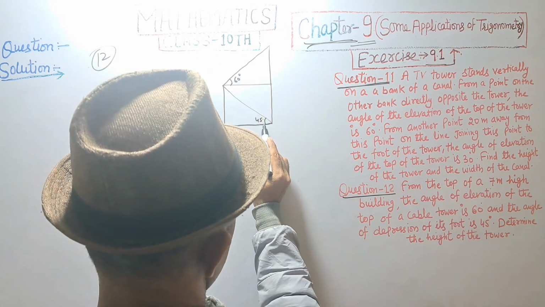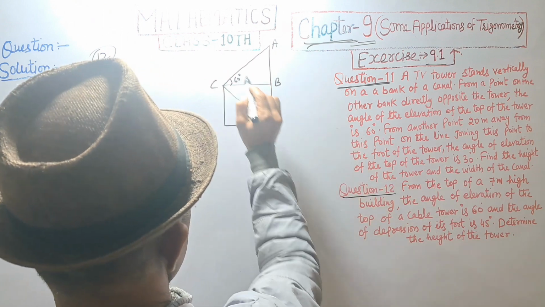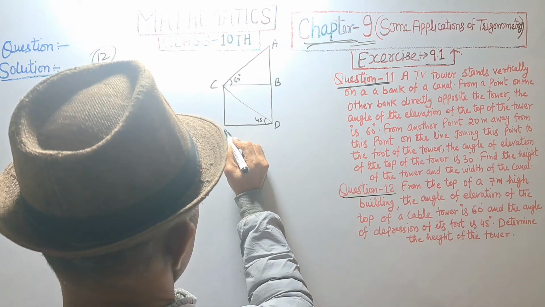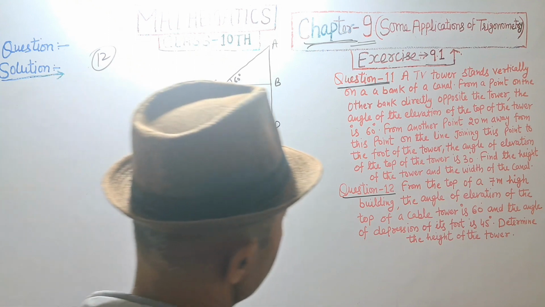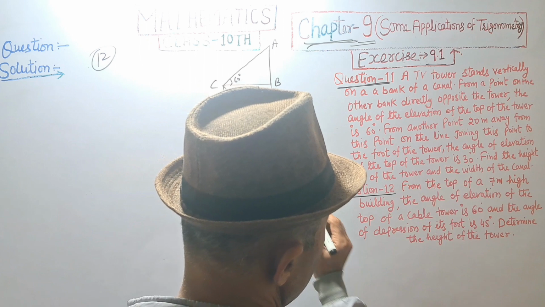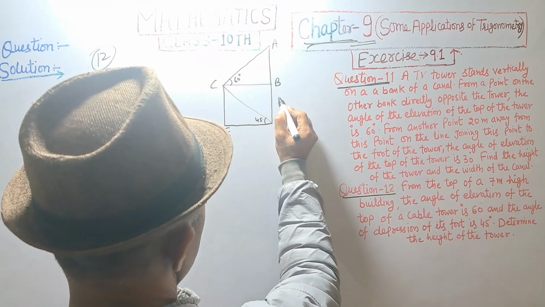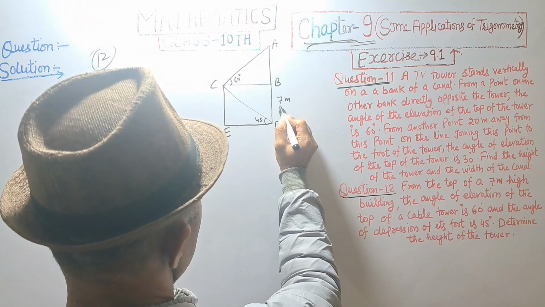60 degrees, 45 degrees. A, B, C, D, E. From the top of a 7-meter high building, 7 meters.